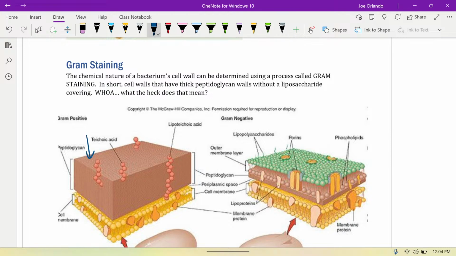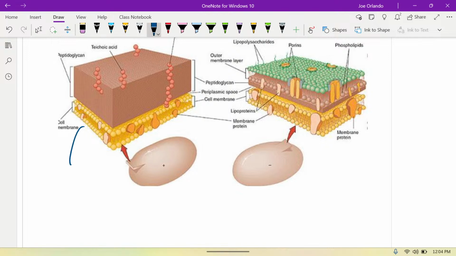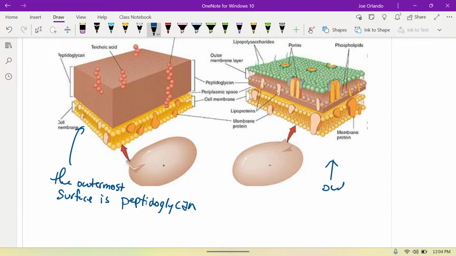All right, so in this case, and I should write it below, the outermost surface is this molecule called peptidoglycan. Whereas here, the outermost surface is a material called liposaccharides.